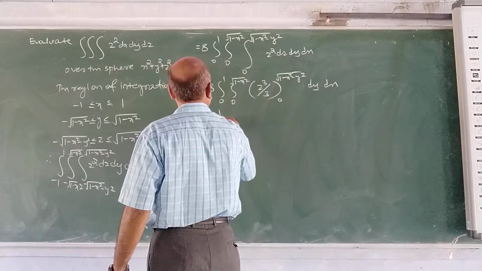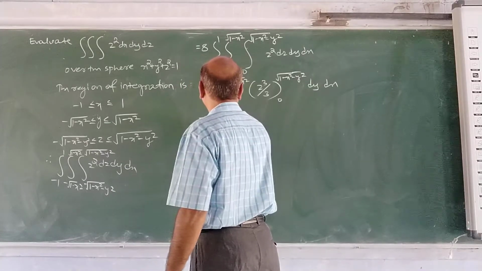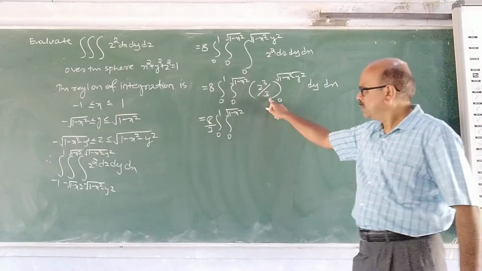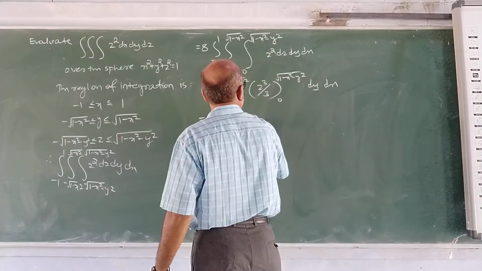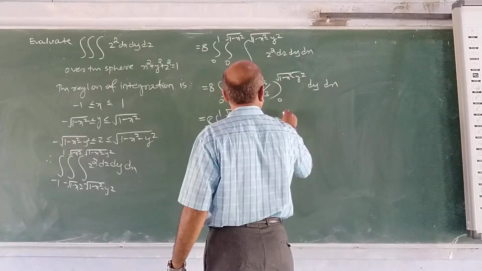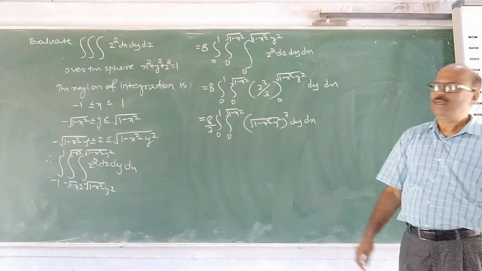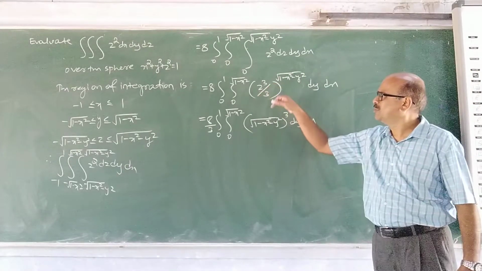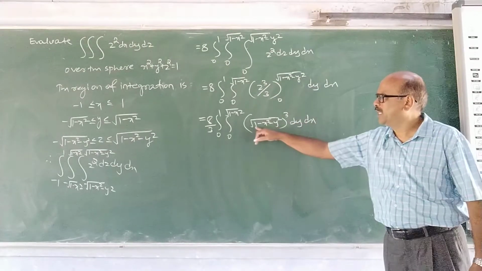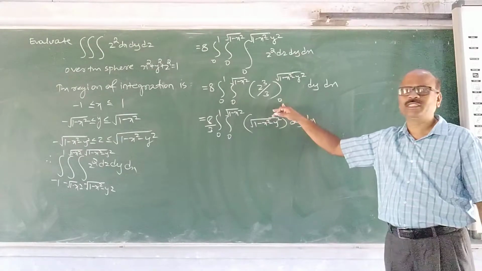Eight into 0 to 1, 0 to root 1 minus x square. Alright, can I take 8 by 3 because 3 is constant here. 8 by 3, root 1 minus x square minus y square raised to 3, dy dx. These things are simple. You have to take limit from 0 to root 1 minus x square minus y square. Substitute z is root 1 minus x square minus y square. Then z is 0.